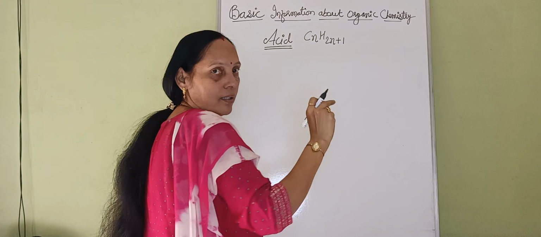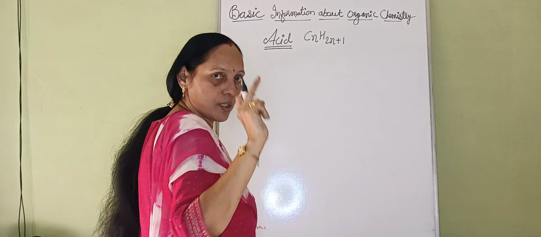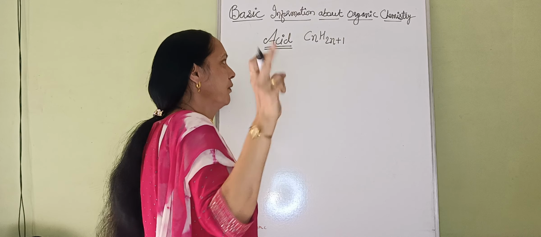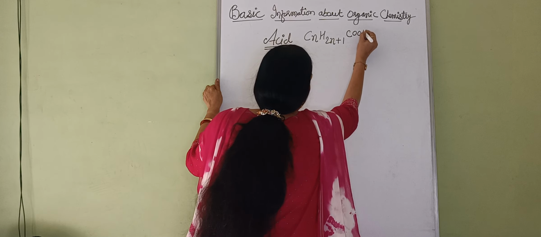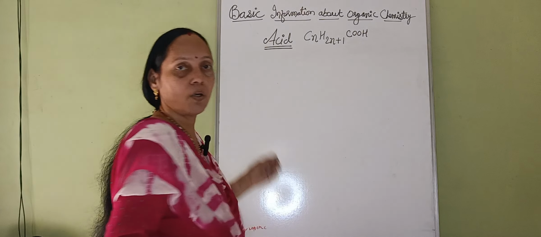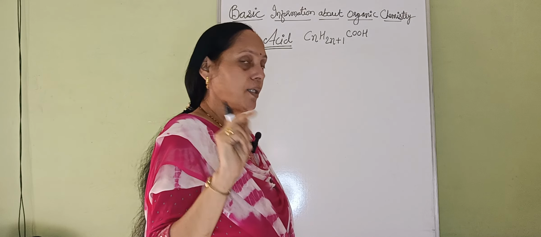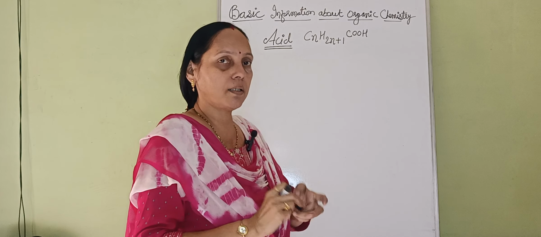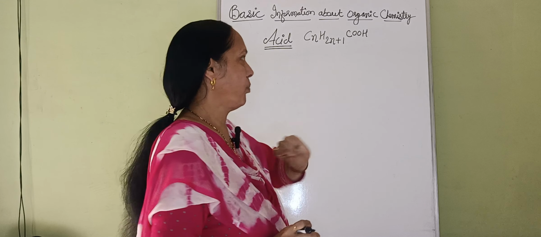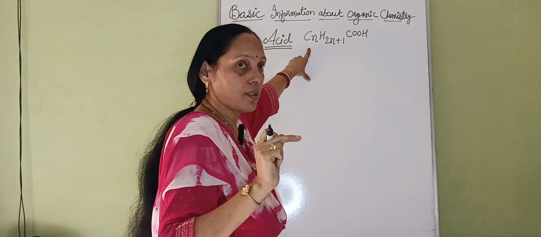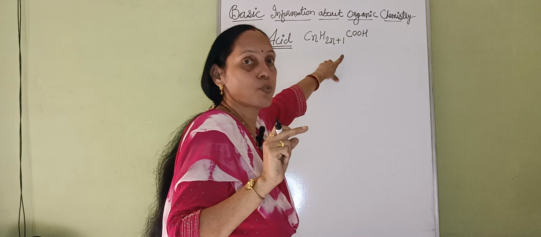That free valency, which was created by replacing one of the hydrogens, is filled by one group. This group is called the carboxylic group, that is COOH. My dear students, I am explaining the general formula on the basis of alkane only. Keep in mind, the general formula for alkane was CnH2n plus 2.